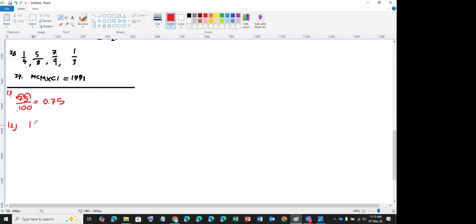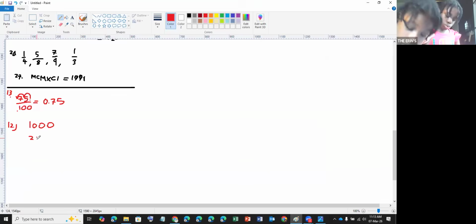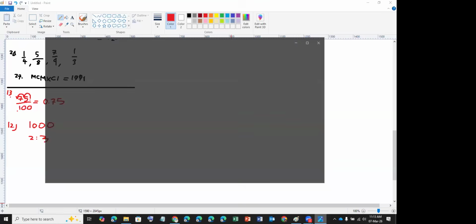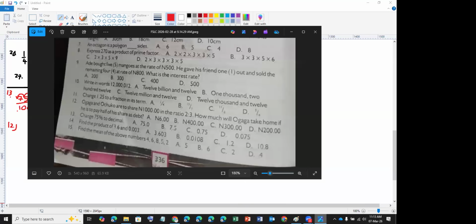They shared 1,000 naira, right? In the ratio of what? 2:3. Who took 2? Who took 3? I'm waiting for an answer. Who took 2 and who took 3, according to the question? Faith, you are no longer paying attention. Who took 2 and who took 3?